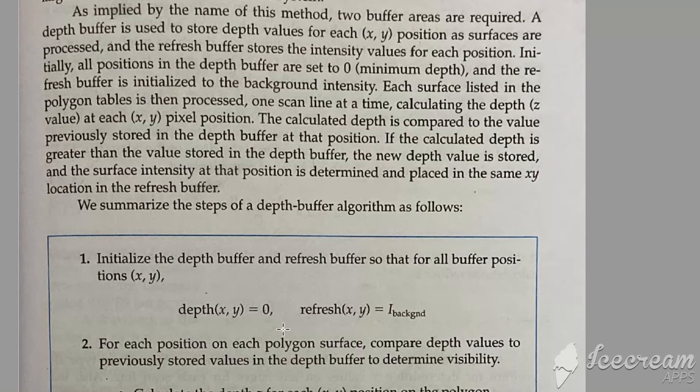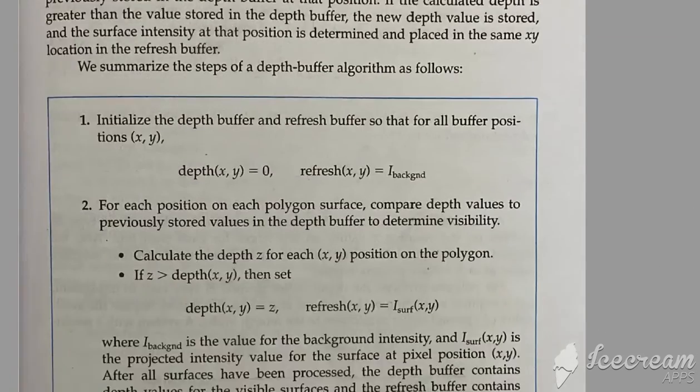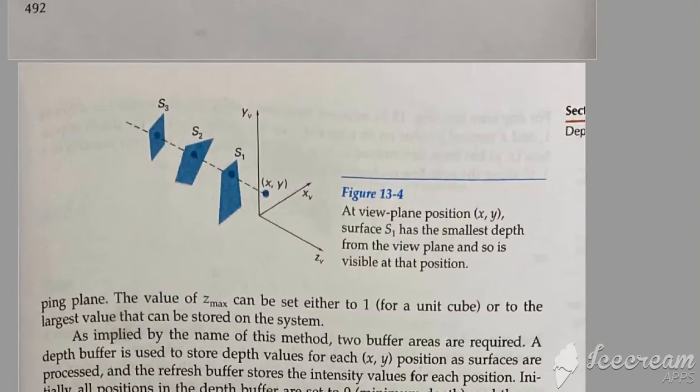When viewing along Z, we have two options. The first one is that we are sitting in the positive Z direction, looking at the origin and viewing along the negative Z axis. Suppose this is the positive Z axis, this is our origin, and this is the negative Z axis.